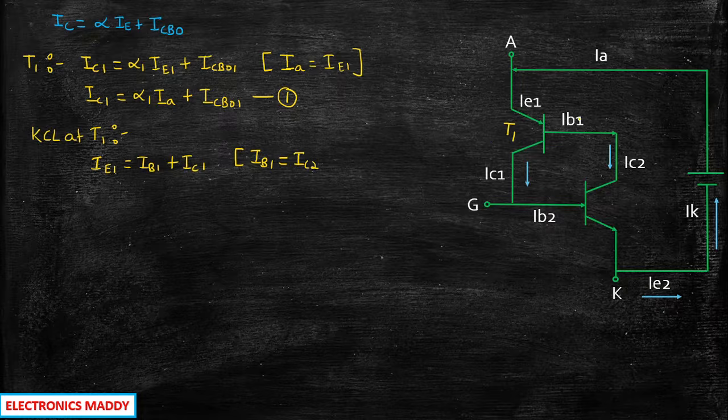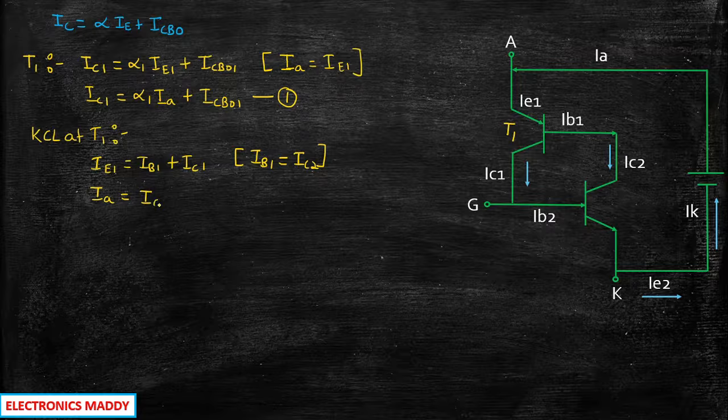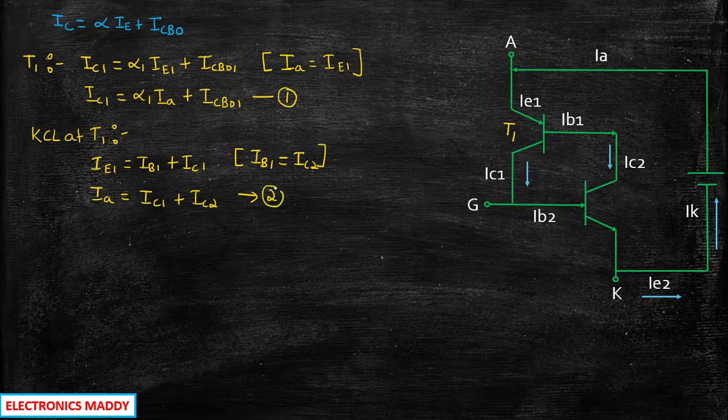Because if you carefully observe, IB1 and IC2 are basically the same current flowing through the device. And we already know IE1 is equal to IA. So now substituting IE1 as IA, you will have IA is equal to IC1, and for IB1 can we write it as IC2? So you have IA is equal to IC1 plus IC2. Very, very important equation, and we will be labeling this as equation number 2.